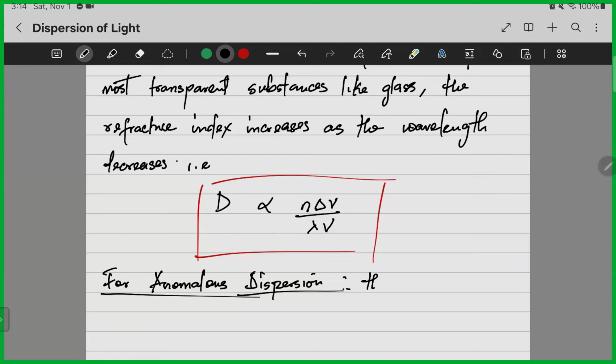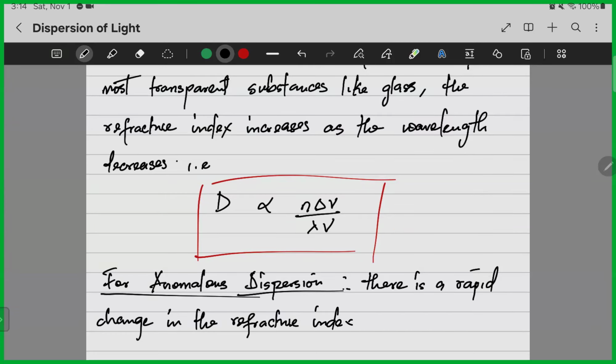There is a rapid change in the refractive index with the wavelength of the neighborhood.